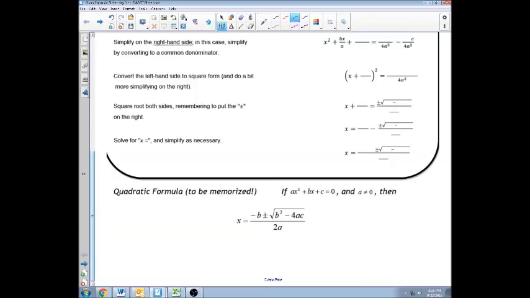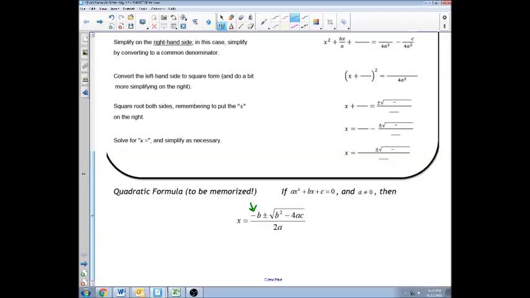But this is the formula that needs to be memorized. If we have ax squared plus bx plus c equals 0 and a is not equal to 0, then our formula will be x equals the opposite of b plus or minus the square root of b squared minus 4ac over 2a.